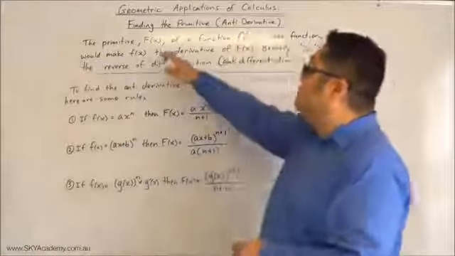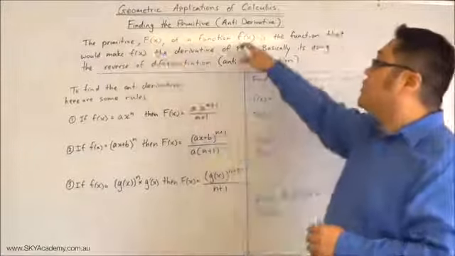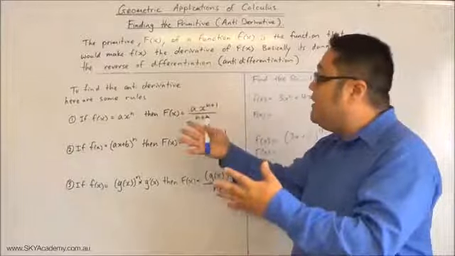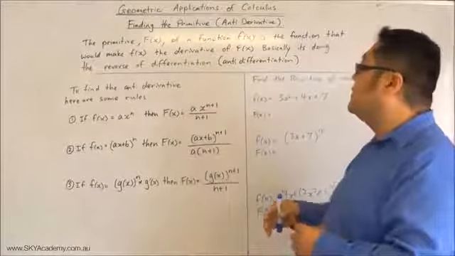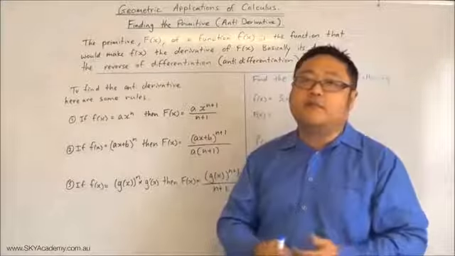The primitive, written as capital F of x of a function small f of x, is the function that would make f of x the derivative of capital F of x. Basically, it's doing the reverse of differentiation.